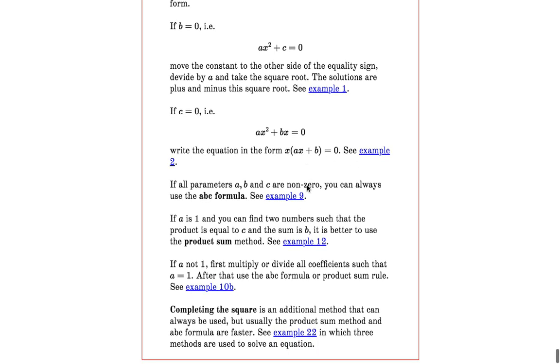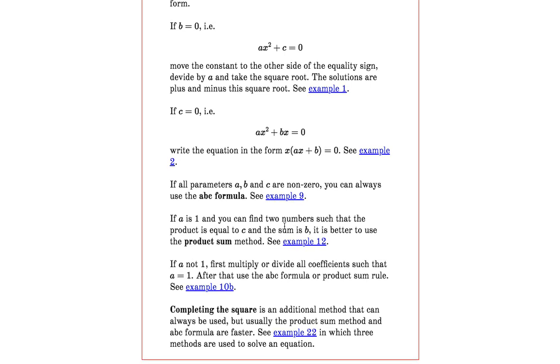That was example 2. If all parameters are non-zero, you can always use the ABC formula, but sometimes it's easy to use the product sum method. You find the product of two numbers that is equal to c, and the sum has to be b.